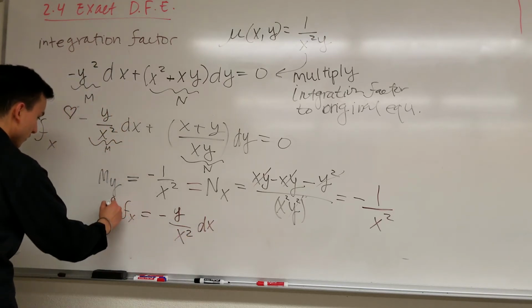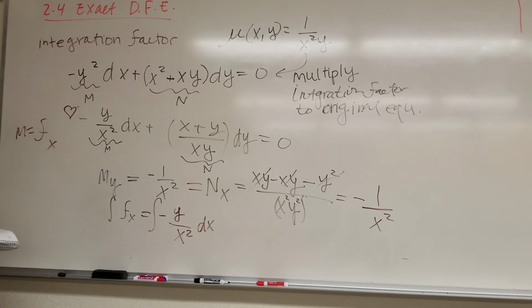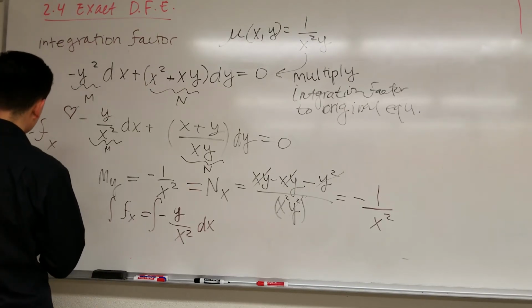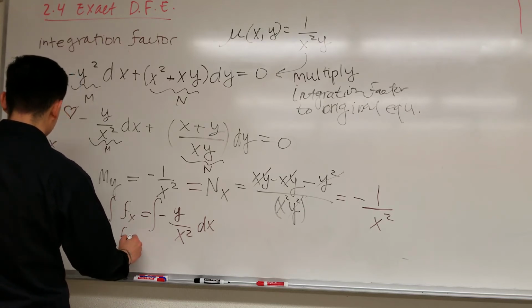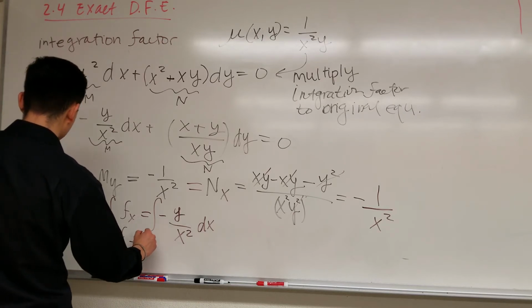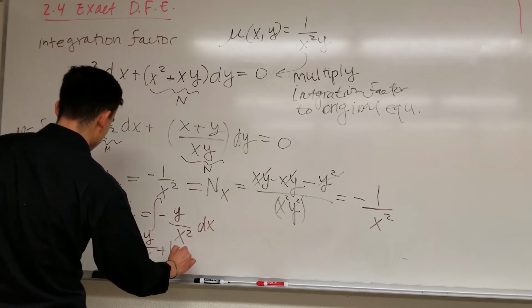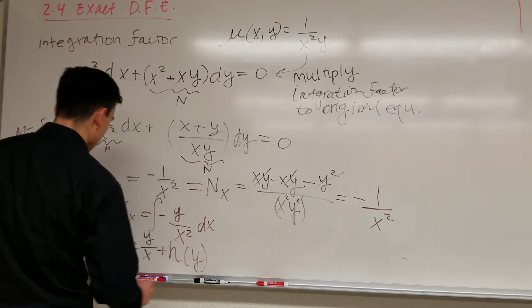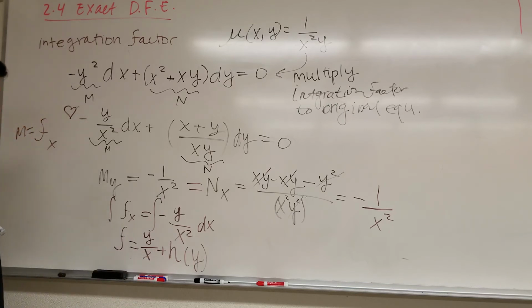And if we take our integral of both sides, we're going to get that f is equal to y over x plus h(y). So now we have our constant. Okay, great.